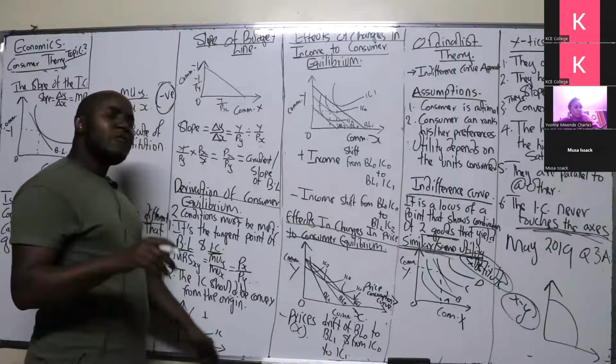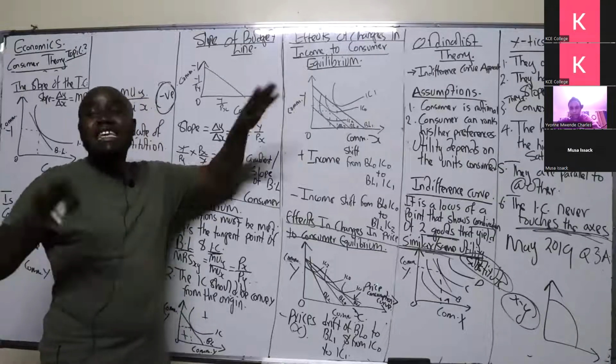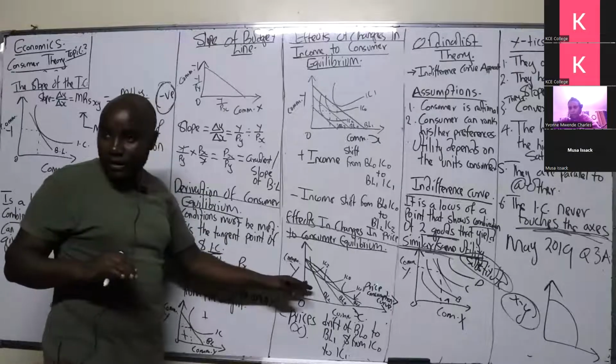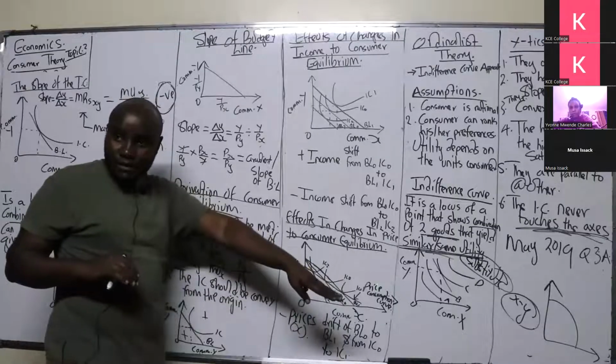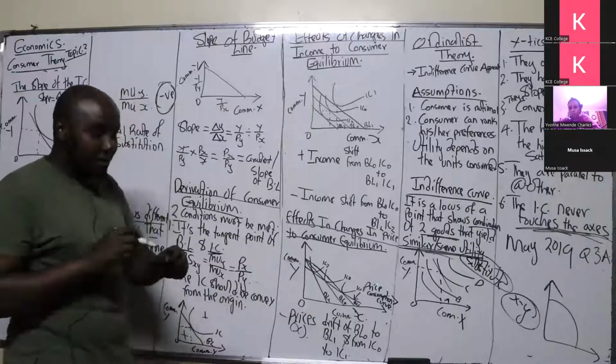But we have not changed the income. The income is still constant, that's why the budget line is not moving. It's just tilting or drifting.